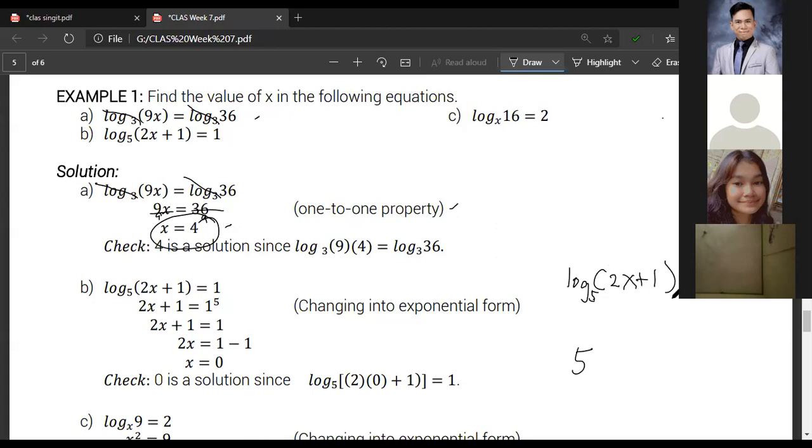Gagawin nating exponential. So si 5 yung base natin, raised to, yung answer natin, yun yung 1, equals yung itong gitna, which is 2x plus 1 yung buo. Nakuha ako, class?